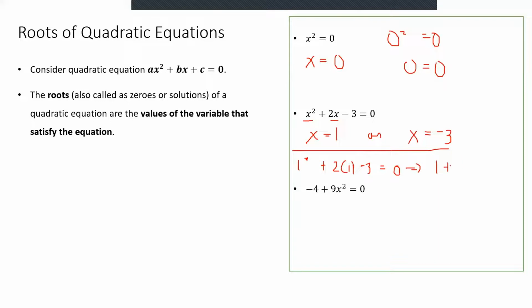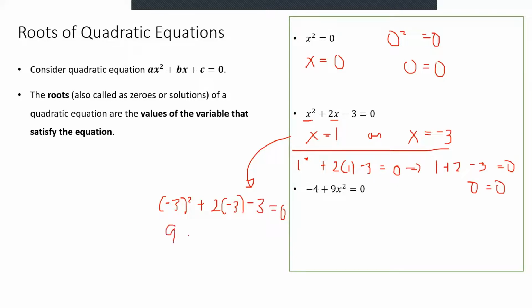1 plus 2 minus 3 is equal to 0. So that means 3 minus 3 is equal to 0, so this is also true. We can also try negative 3. Let's try here: negative 3 squared plus 2 times negative 3 minus 3 is equal to 0.